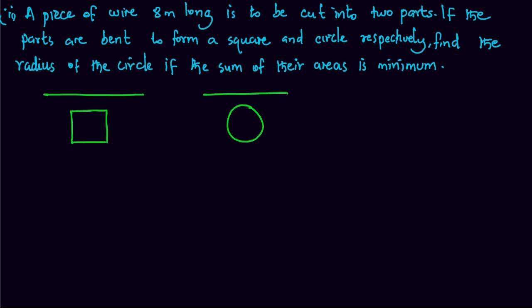So if the parts are bent to form a square and a circle respectively, we want to find the radius of the circle if the sum of their areas is minimum.